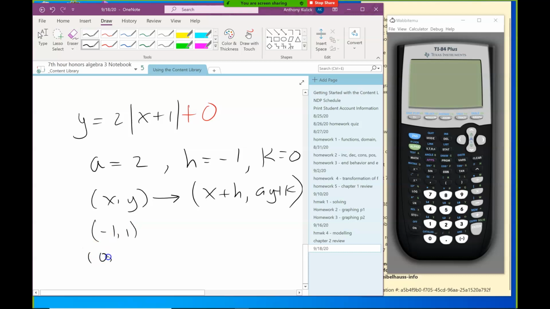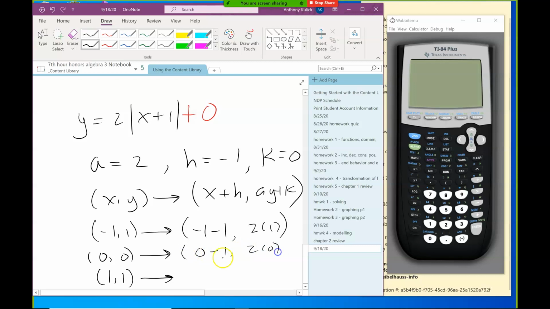So then I can just take my 3 key points and transform them. So I have negative 1 minus 1 times 2, and then 2 times 1. Then I have 0 minus 1, and then 2 times 0. And I have 1 minus 1, and then 2 times 1.